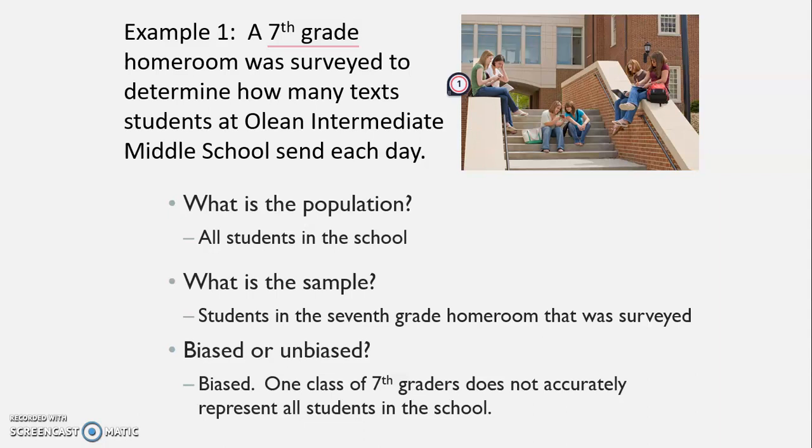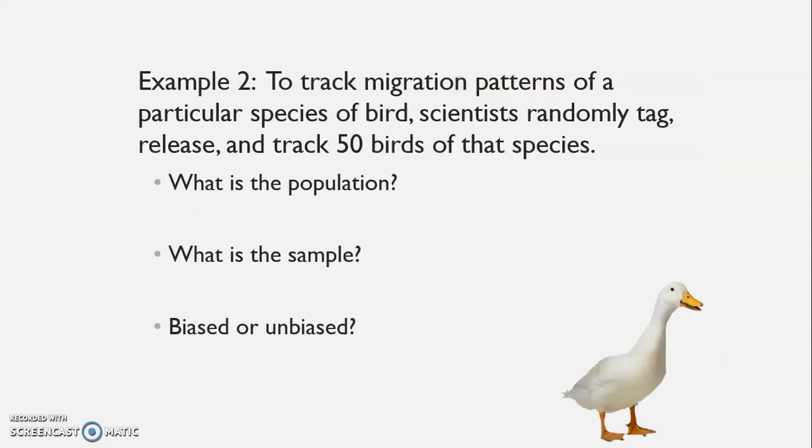So it's inaccurate to survey just 7th grade or just one grade or even just one class because they might have completely different data than an entire grade does. So your surveys need to be representative and they need to be large enough so that it is representative of the entire population. Even if it's not surveying everyone, it still is representative of it.